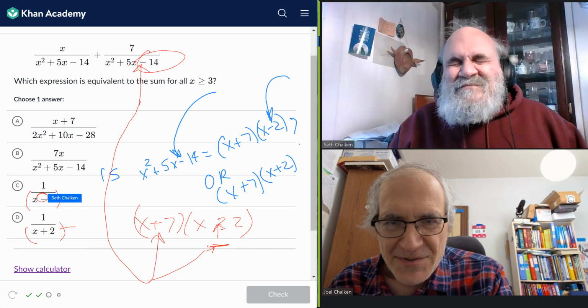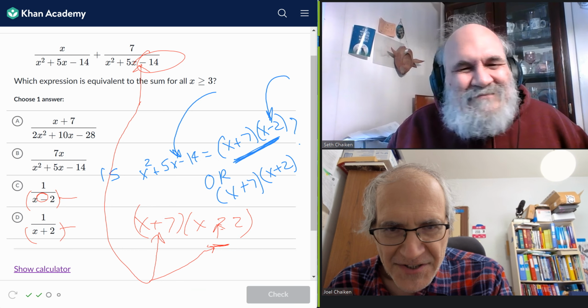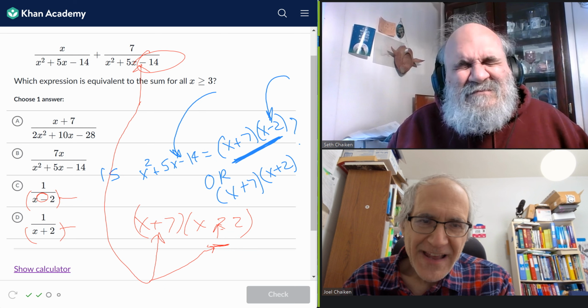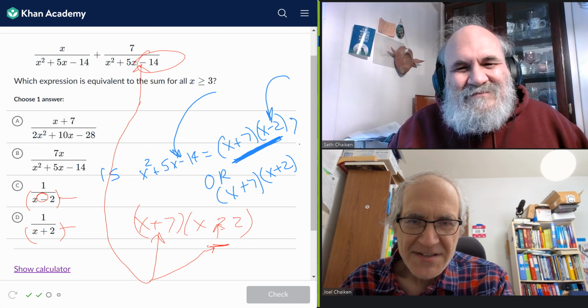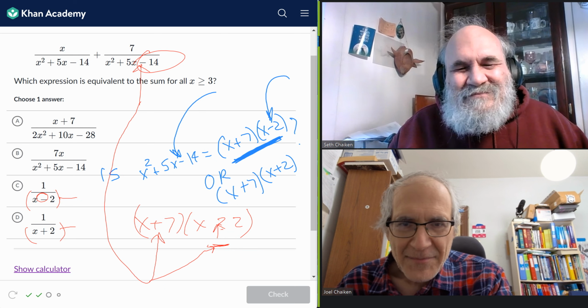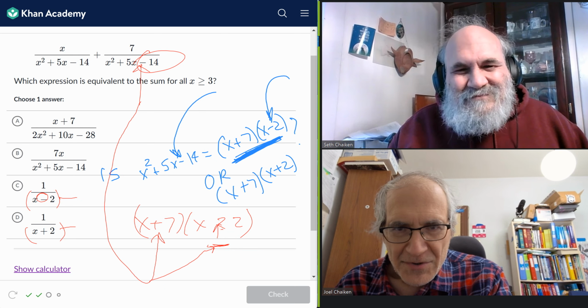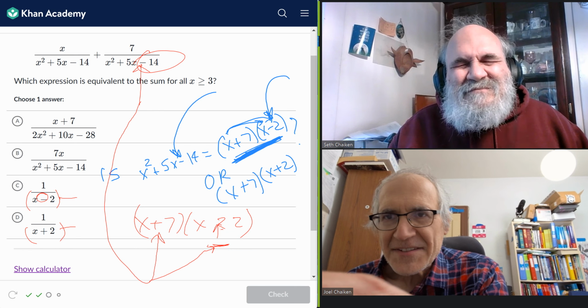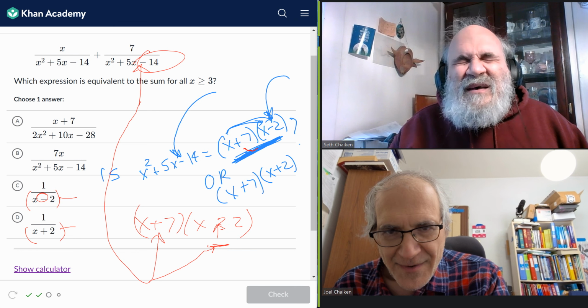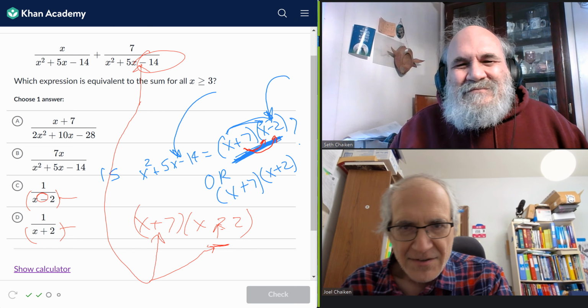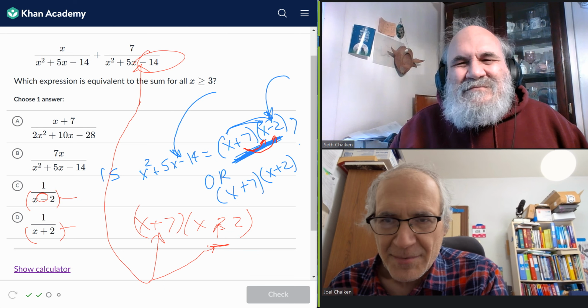Getting back to basics, you certainly have to know how to deal with this. So let's quickly go over what x plus 7 times x minus 2 means. It means that x multiplies x and x minus 2, and then 7 multiplies x and negative 2, and you add them up. It's a double distribution.